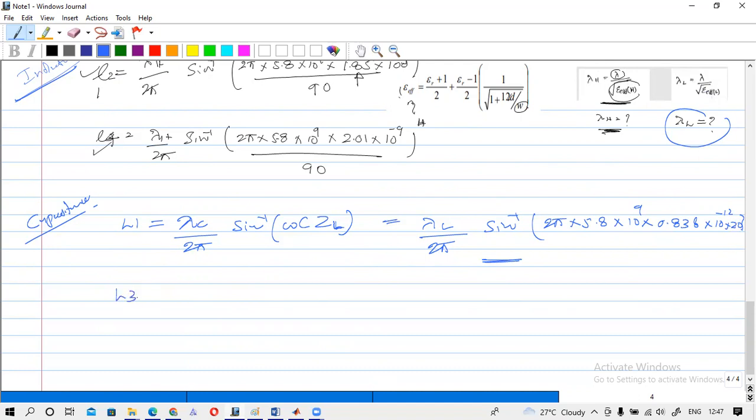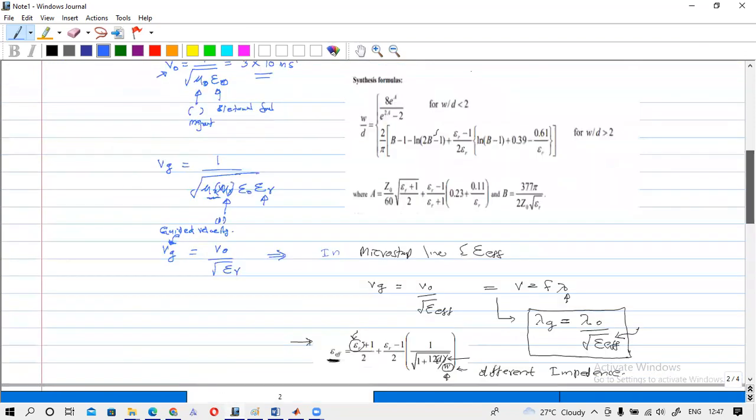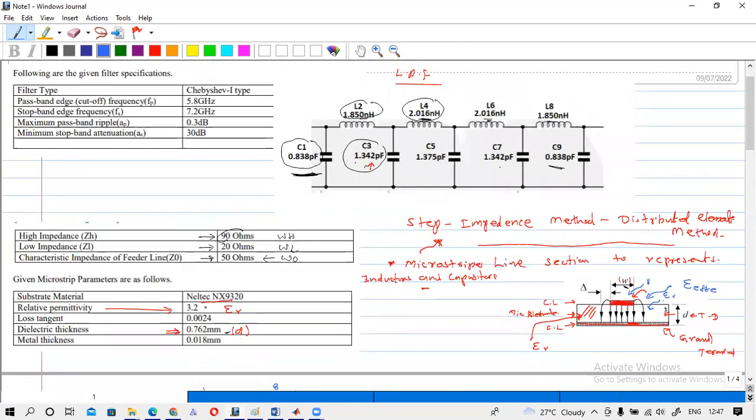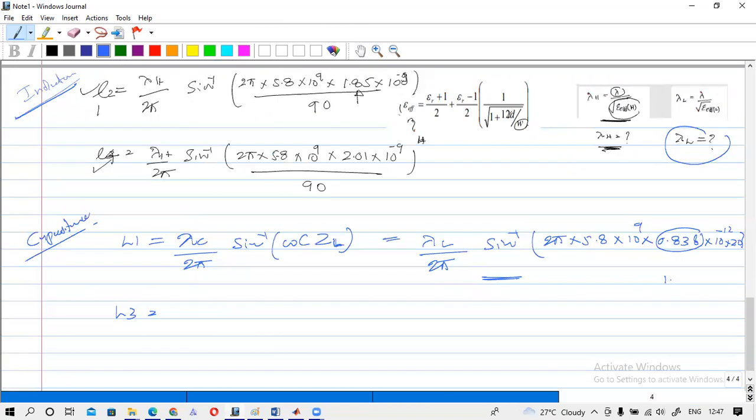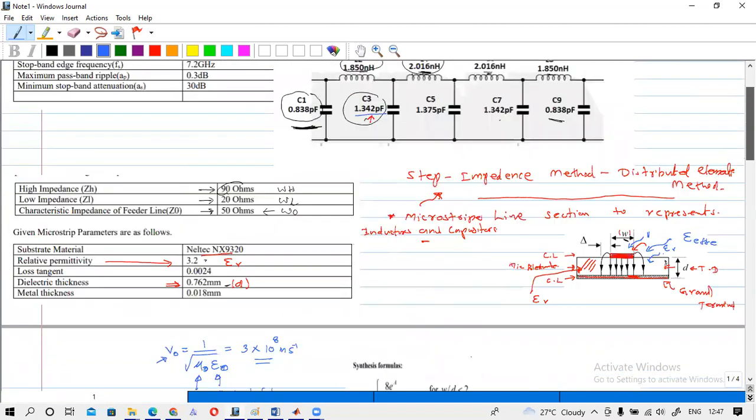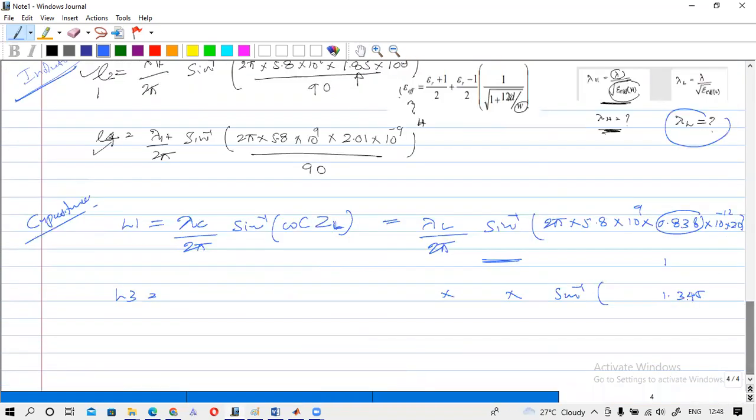In the same manner, you can calculate L3. Only this value you have to change. For that one, you have to substitute 1.342 here, and 10 to the power minus 12, multiplied by 20.